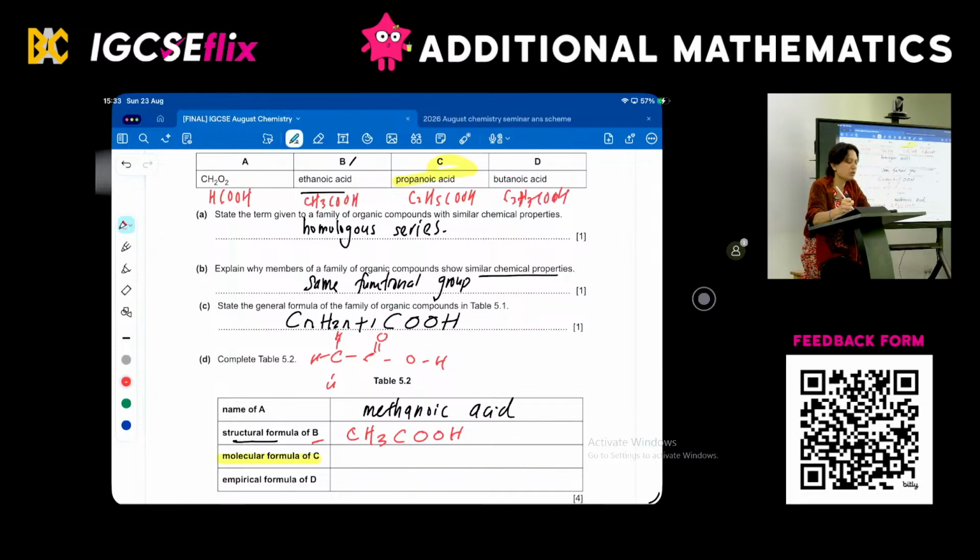But this is not the molecular formula. Molecular formula is you add everything together, you add all the carbon and put it as 1, you add all the hydrogen, put it as 1, and all the oxygen, put it as 1. So it has total 3 carbon, 6 hydrogen, and 2 oxygen. That's how you're supposed to write it. Okay? Empirical formula is the simplest ratio. So of course you need to know that butanoic acid is C4H8O2. Right or not? Then only you can simplify it to an empirical formula of C2H4O.